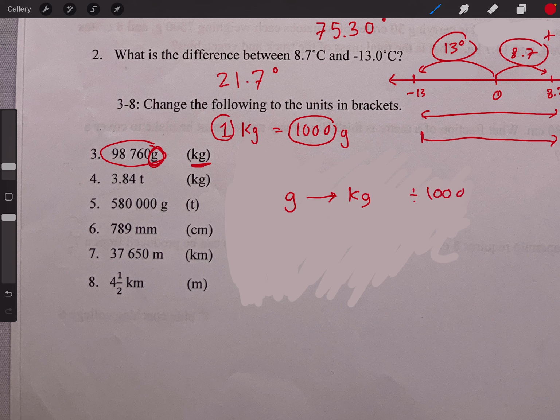So just take that number, which is 98760, and divide it by 1,000. At the moment, where's the decimal? The decimal place is right here. If you divide by 1,000, it jumps 3 spaces back to the left. So 1, 2, 3. Let me rub this out.